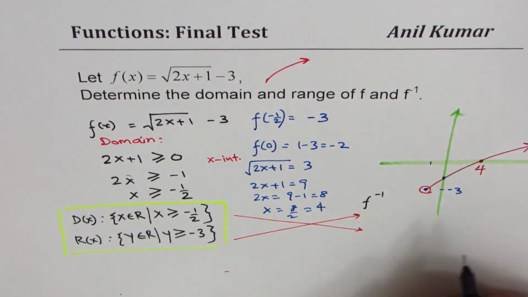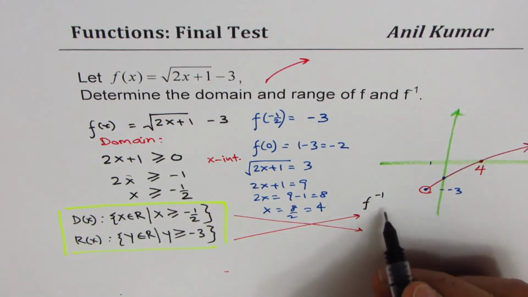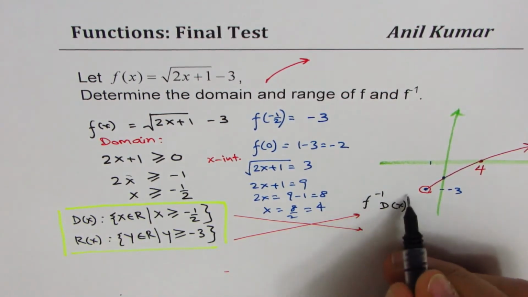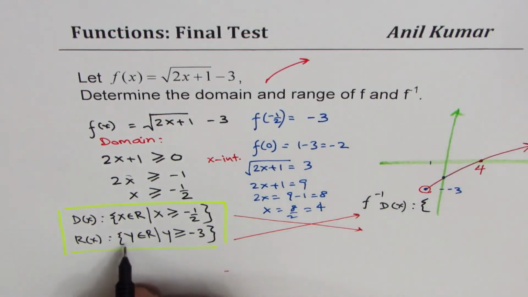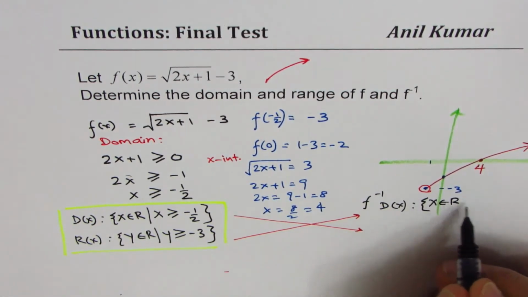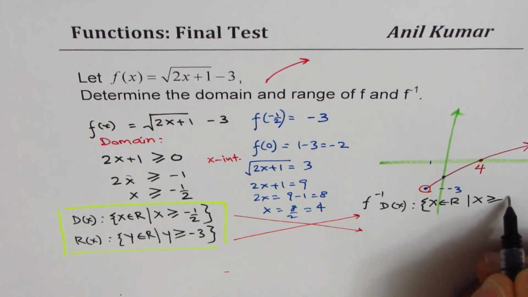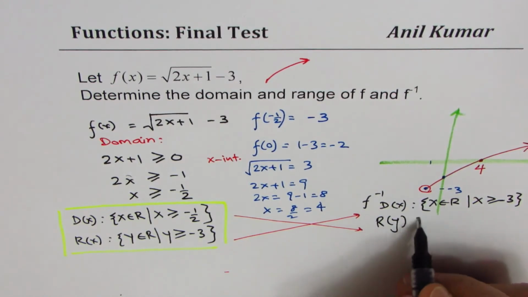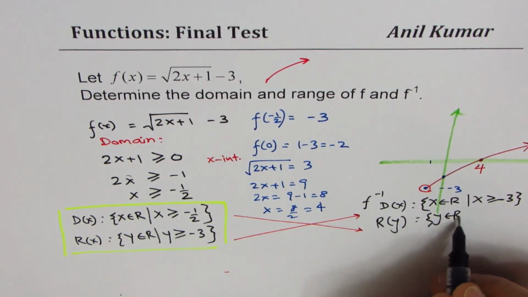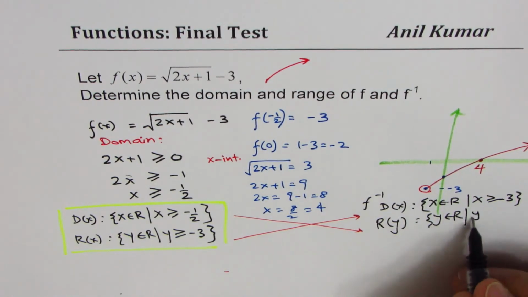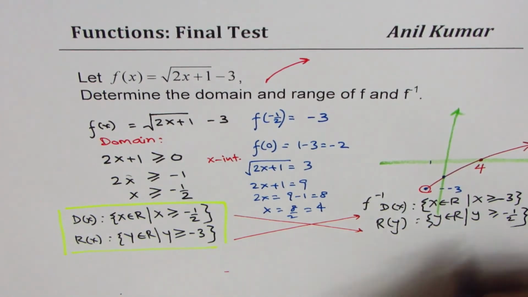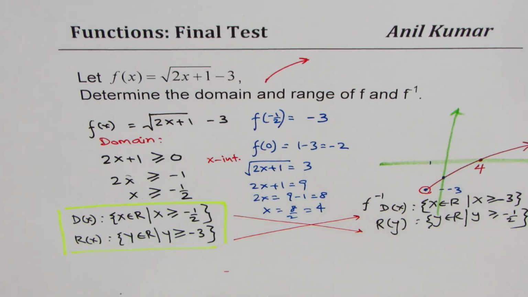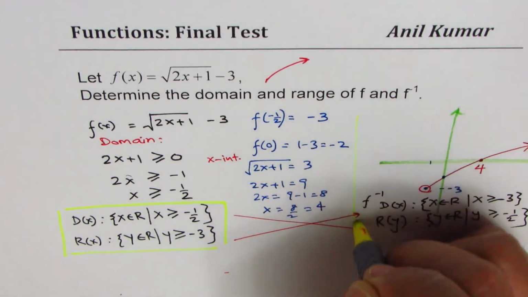And therefore, without doing any other calculations, we can say the domain for the inverse of the function is x belongs to real numbers, where x is greater than or equal to minus 3. Do you see that? Minus 3. And the range for the function should be y belongs to real numbers, where y is greater than or equal to minus half. Do you get it? So that is how you can flip domain and range and write down domain and range for the inverse of a function, right? Do you understand?